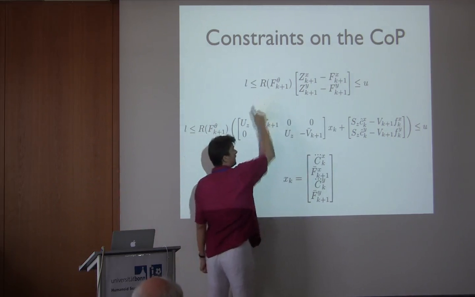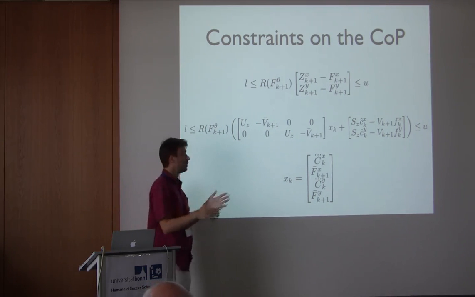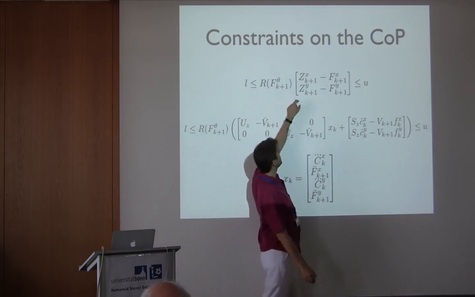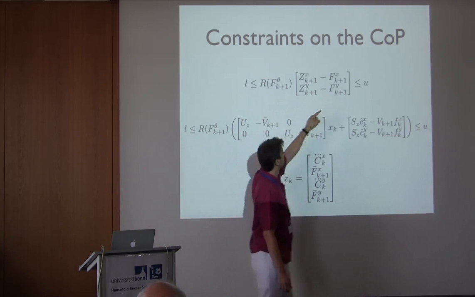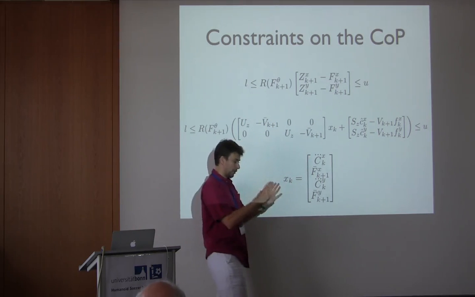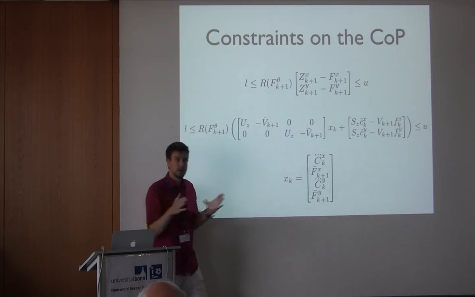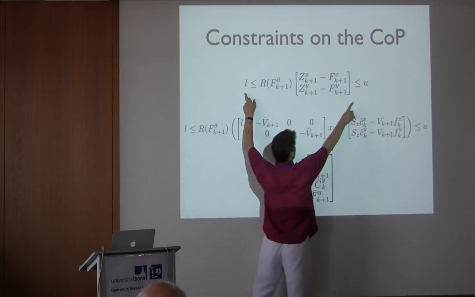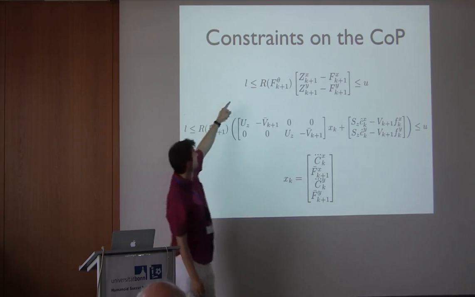So you have the rotation matrix. Depending on the orientation of your foot, this gives you the position of the center of pressure with respect to the center of the foot in the local frame of the foot. And then if you consider that you have rectangular feet, you bound it by upper and lower values in x and y coordinates. So you have a constraint of this form.